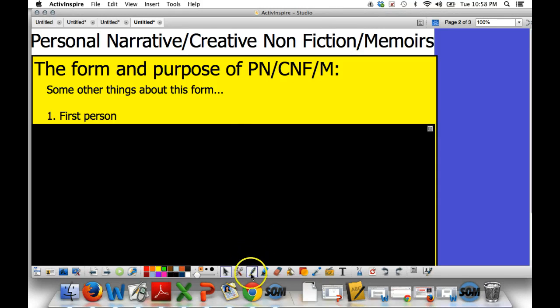And if you don't know what first person is, first person uses words like I or me or we. That's first person. Okay? If you're reading a story and it has a first person narrator, they're actually a character in the story. Okay? And we'll compare that to third person, which would be he, she, they.